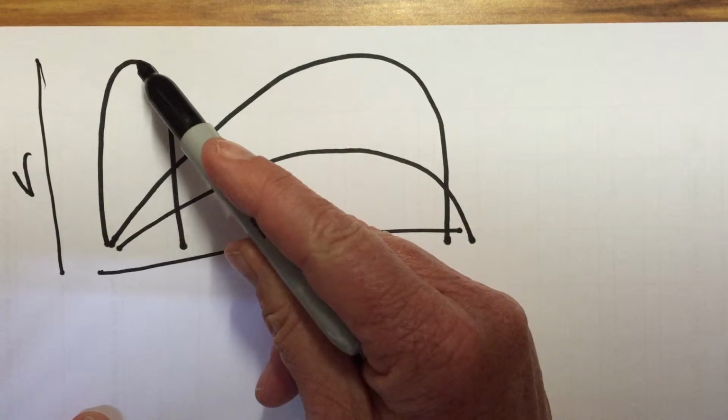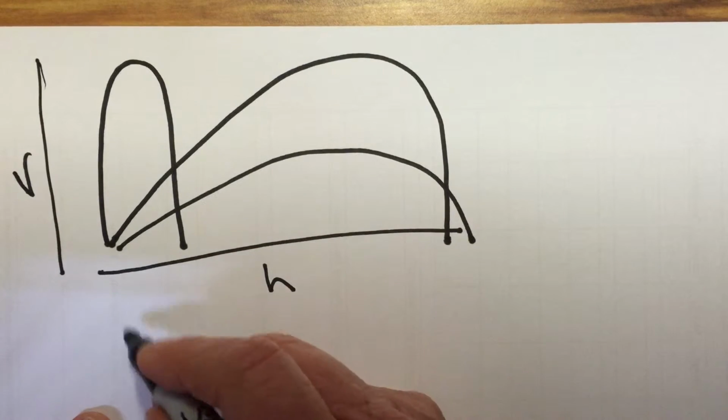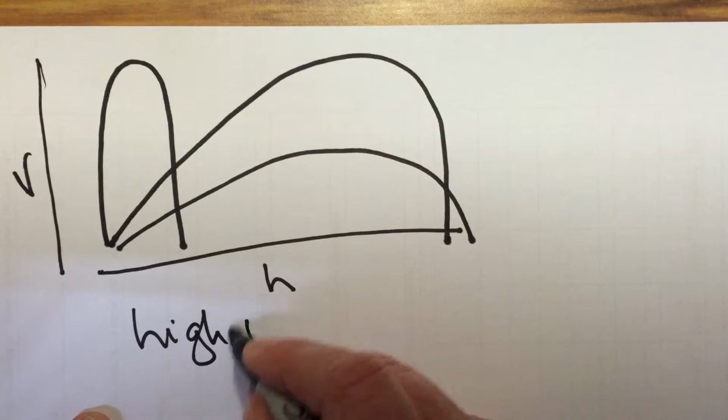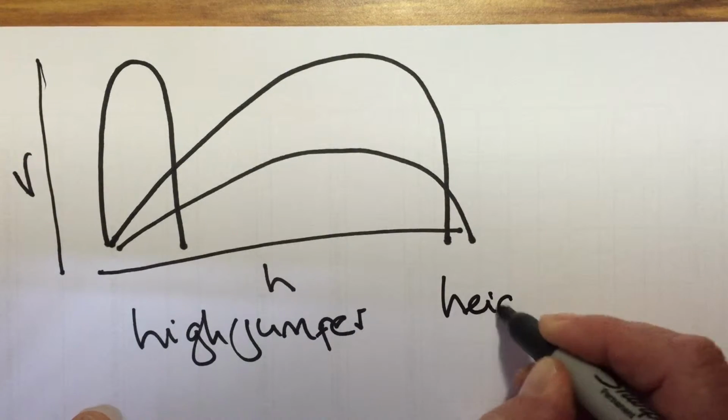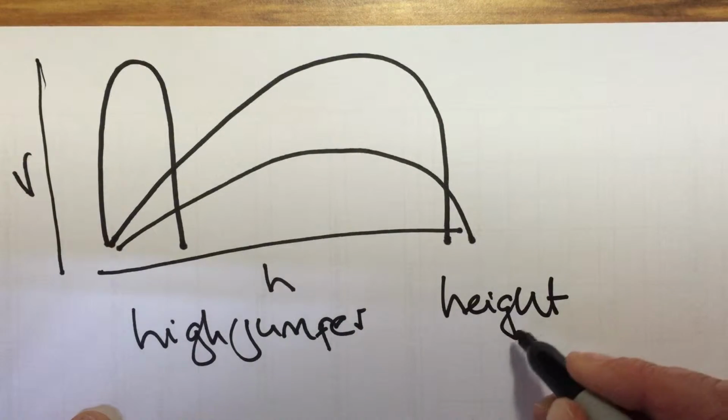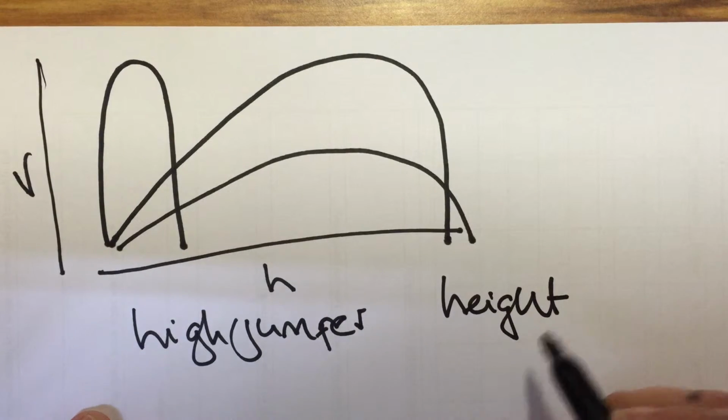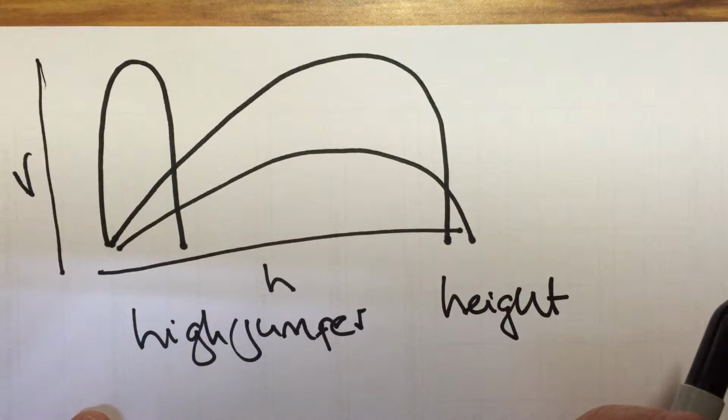whether we want to have a big vertical component or a big horizontal component or a good mix of each. So this one here could be an example of a high jumper, where height is the important thing, and so you want a high vertical component, but you don't necessarily need much horizontal distance gained.